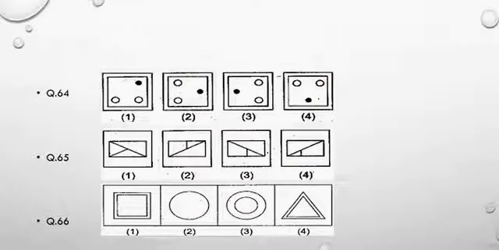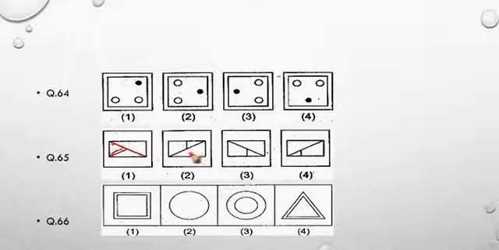Now let's go to question number 65. In question number 65, there is one rectangle which has been divided into 2 parts with the help of a diagonal straight line, and there is another line which is joining at the middle of the line from the corner.